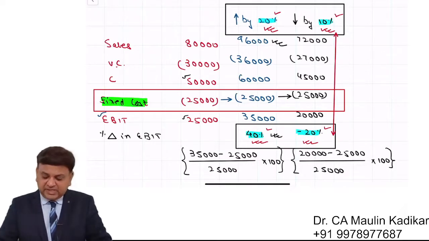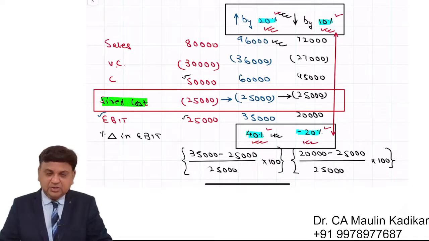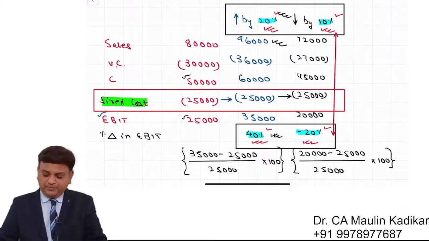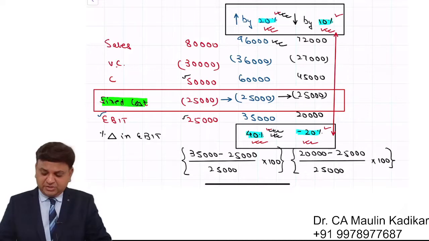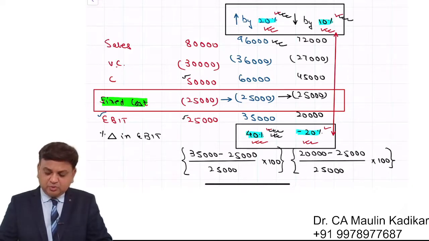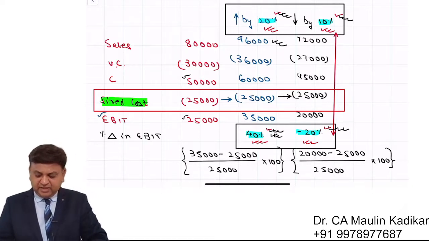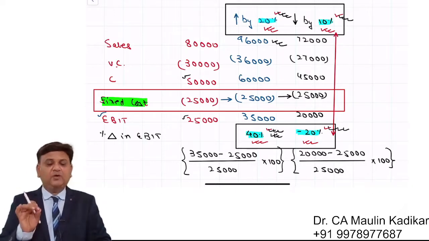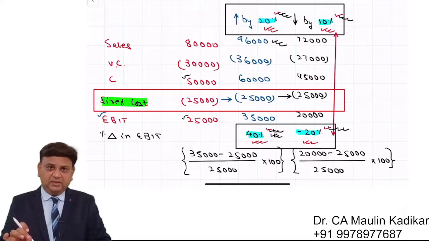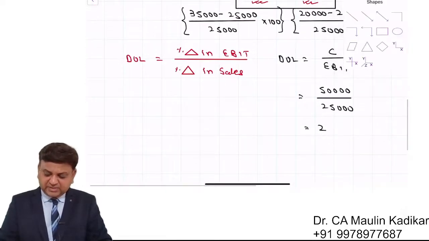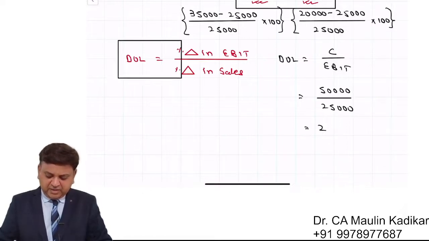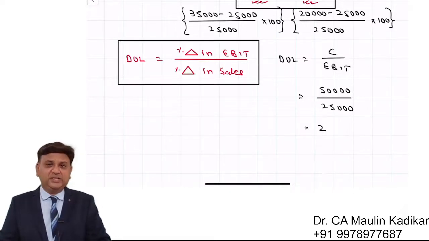Over here, sales increases by 20%. So 20% into 2, operating income will increase by 40%. Sales is reducing by 10%. So 10% into 2, it reduces by 20%. That is the way we understand that the degree of operating leverage is measuring the percentage change in EBIT for every 1% change in sales.